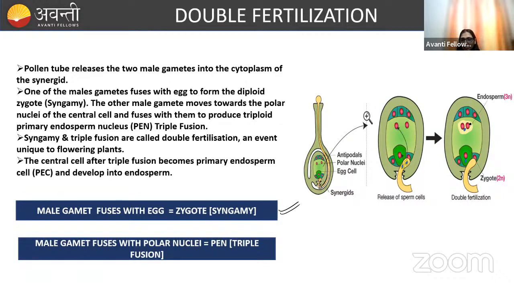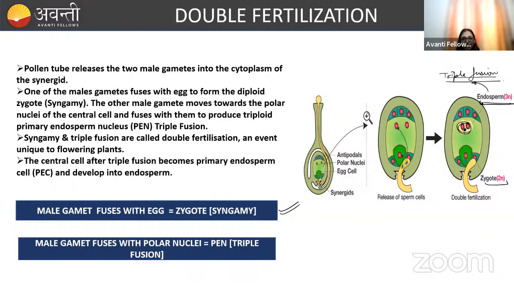And the other male gamete will fuse with the central cell and form the endosperm, which is triploid in nature. Remember, the zygote is diploid and the endosperm is triploid. The endosperm is formed by triple fusion, because the central cell has two polar nuclei and the one male gamete released by the pollen tube.